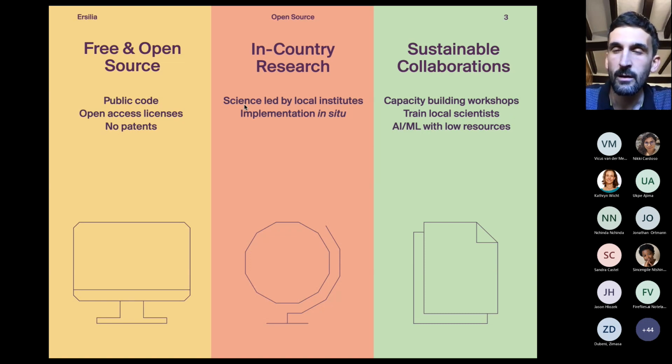Finally, the third pillar is sustainable collaborations. As you might have heard, we are engaged in several capacity building activities. We try to train local scientists, and we try to adapt our artificial intelligence and machine learning tools to low resource settings.